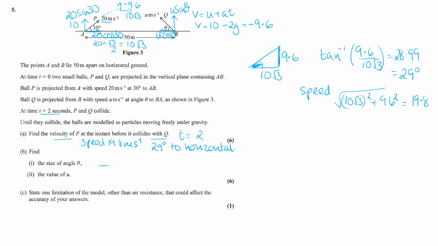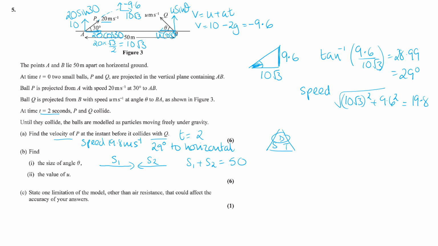Now, when we look at the horizontal component, S1 being horizontally how far P travels and S2 how far Q travels, we know that S1 plus S2 is going to equal 50. Now, because horizontally the speeds are constant, we can just use our formula triangle that speed is distance over time. So the distance is just speed times time.